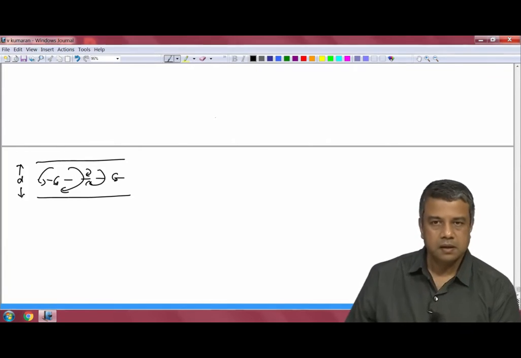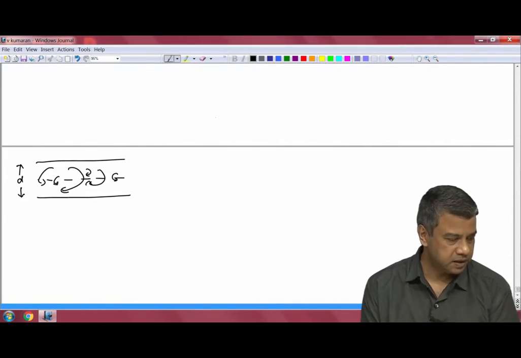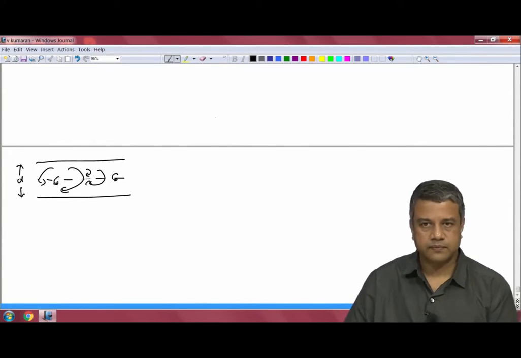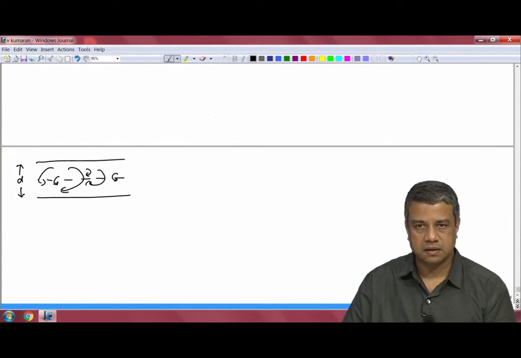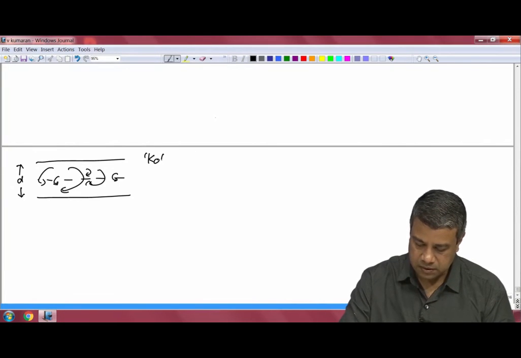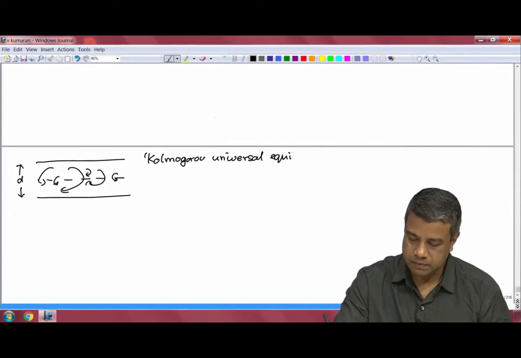What is the size of the smallest eddies? The size and the velocity of the smallest eddies are estimated using what is called the Kolmogorov universal equilibrium theory.